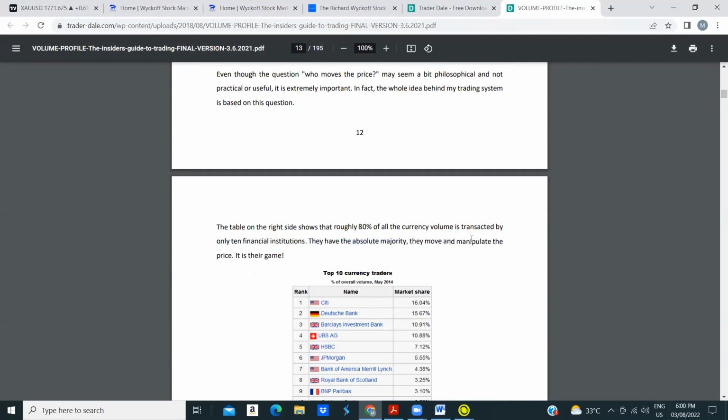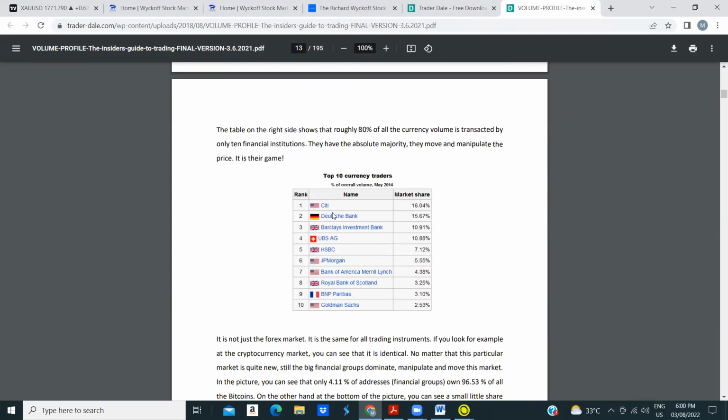They move and manipulate the price. It's their game. Got it? These are the banks which are responsible for driving the price of the forex market: Citibank, Deutsche Bank, Barclays, UBS, HSBC, JP Morgan, Bank of America Merrill Lynch, Royal Bank of Scotland, BNP, and Goldman Sachs. So these banks are responsible for moving the price because 80% of the volume comes from these banks.